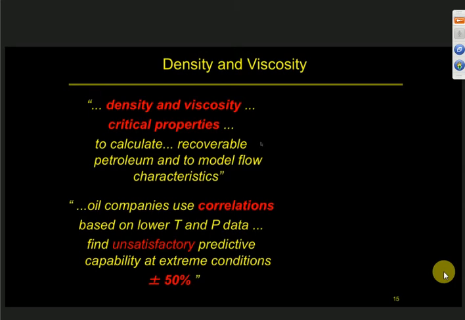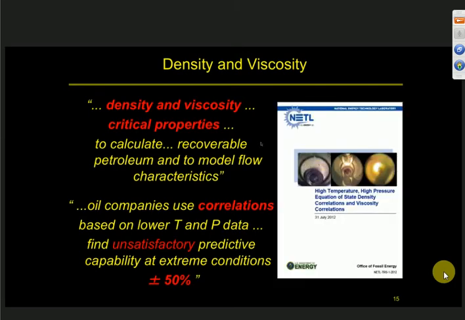Currently, oil companies use correlations based on low temperature, low pressure data, and those are unsatisfactory and not reliable. They cannot predict extreme conditions, and the accuracy is only plus or minus 50%. This is the National Energy Technology Laboratory, and we have a collaboration with them.